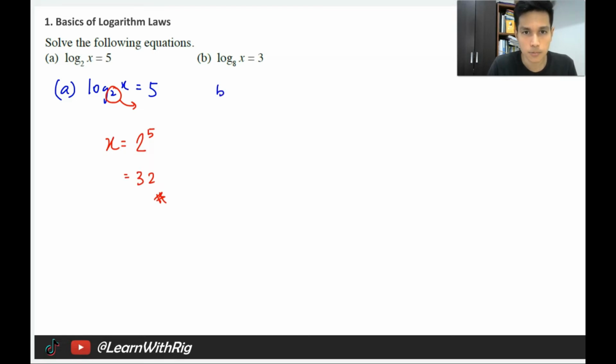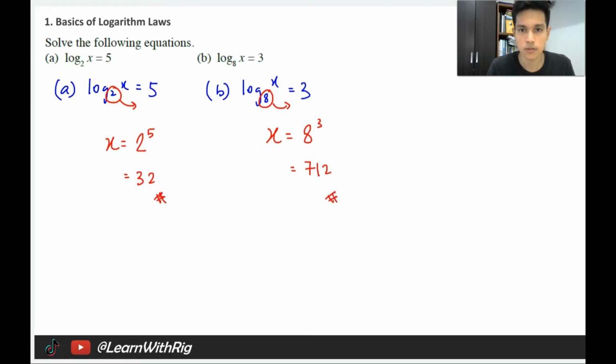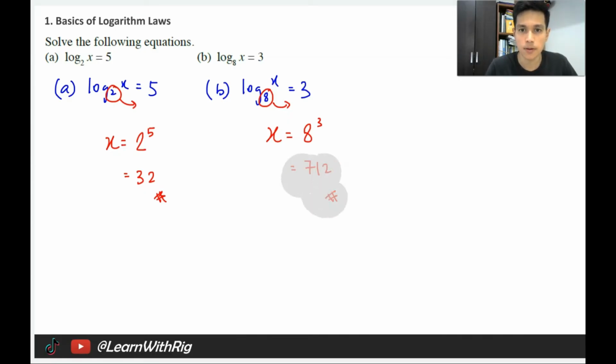Okay, what about B? You have log x base 8 equals 3. So you take the 8, shift it to the other side, and it becomes x equals 8 power 3, which is 712. Sorry, not 712, but 512. My bad.